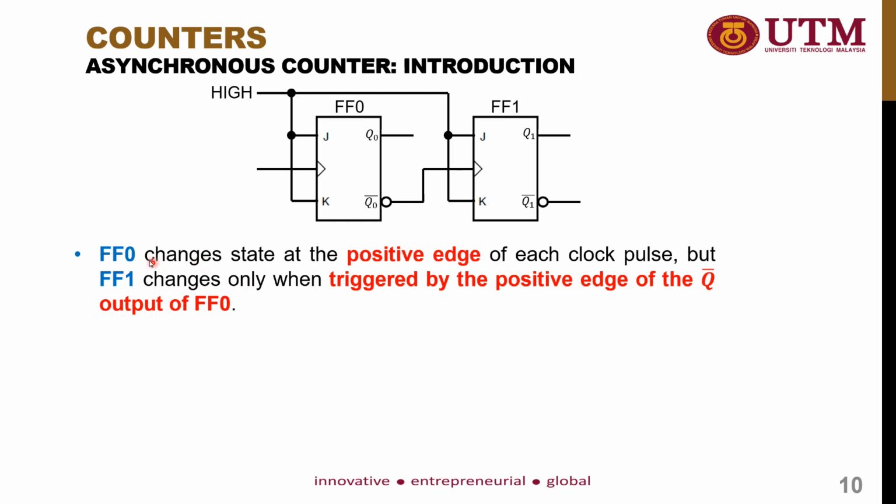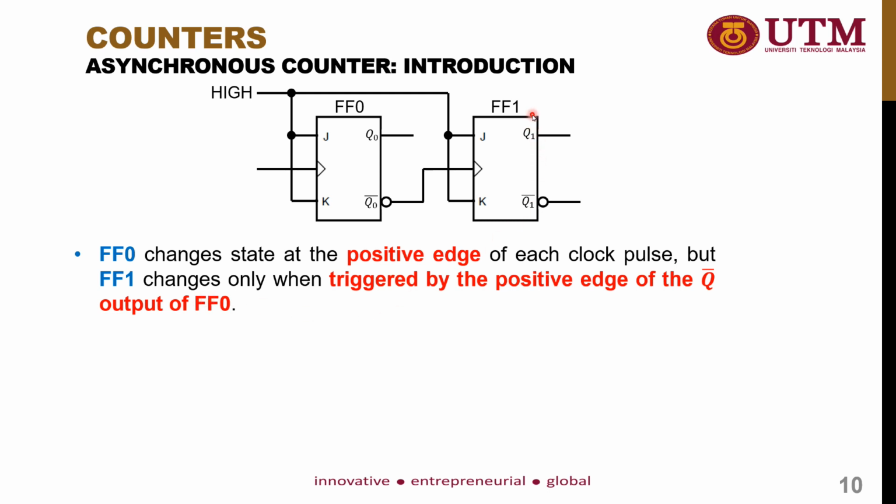So for this counter, flip-flop 0 changes state at the positive edge of each clock pulse. For flip-flop 0, you see here, the input clock is positive edge triggered because it doesn't have any bubble at the clock input. But flip-flop 1 changes only when triggered by the positive edge of the Q bar output of flip-flop 0.